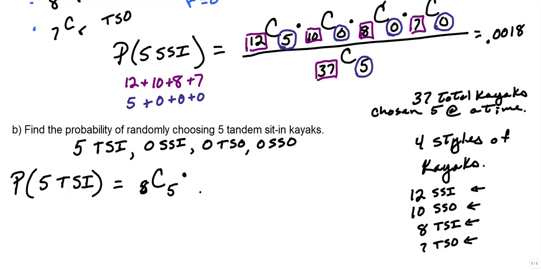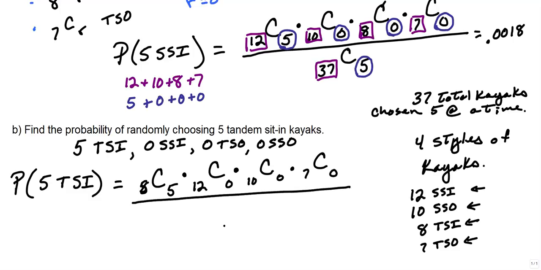Likewise, we're going to multiply that by the fact that I have 12 solo sit-in kayaks, but I'm not going to choose any of those, times the fact that I have 10 solo sit-on kayaks, but I'm not choosing any of those, times the fact that I have 7 tandem sit-on kayaks, but I'm not choosing any of those.